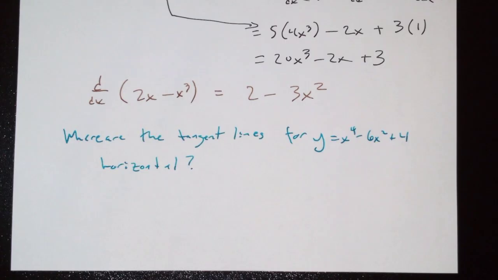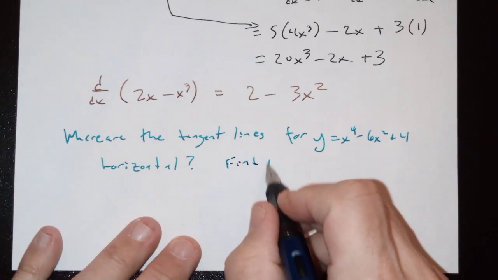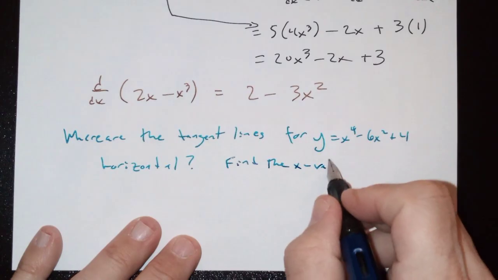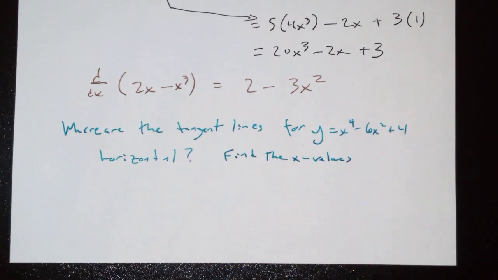Typically, when a question is asking where is this going to happen, they're asking for what x values. So I would like to know what x values have horizontal tangent lines for this equation. What's the first thing I should do?